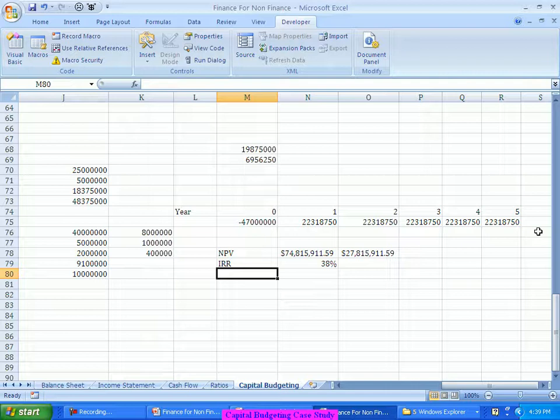Percentage direct comparison. Whatever is your investment amount, percentage wise, you are getting 38% every year from whatever the amount you have invested. Even if I have invested 100 rupees, I am getting 138 at the end of 1 year. Whereas per 100 rupees there, I am getting 122 at the end of 1 year.